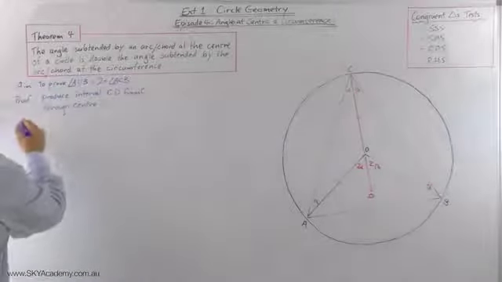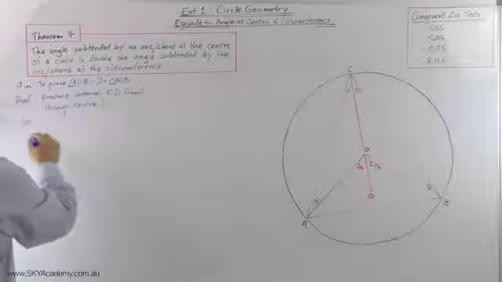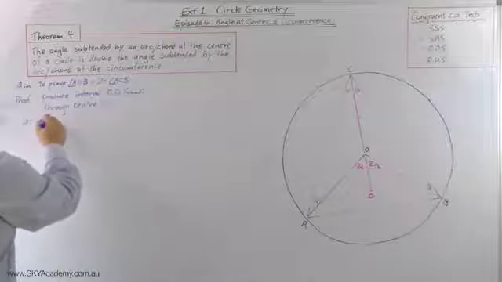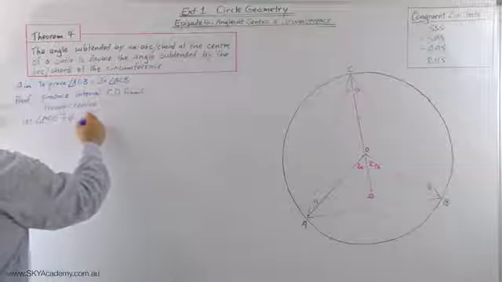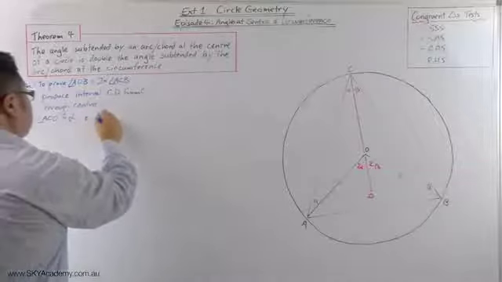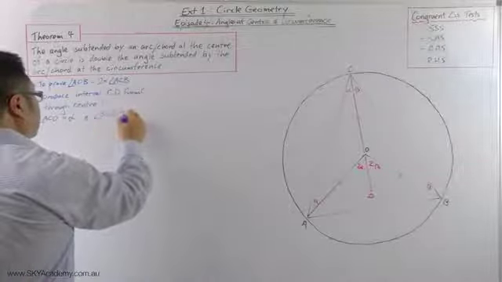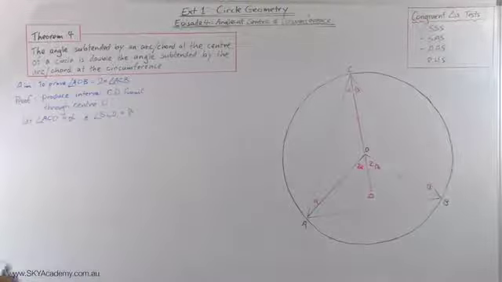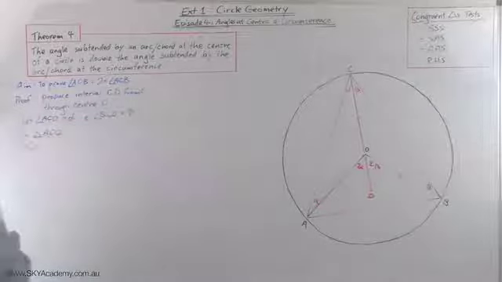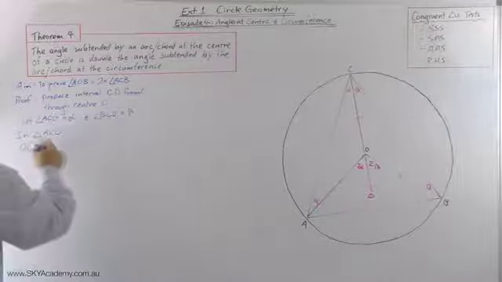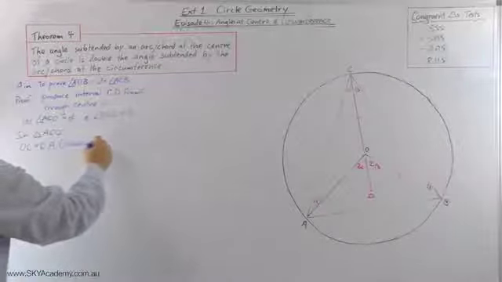And then I'm going to set things up. Let angle ACO be alpha and angle BCO equal beta. Okay, good. So in triangle ACO, OC is equal to OA, radii of the circle.